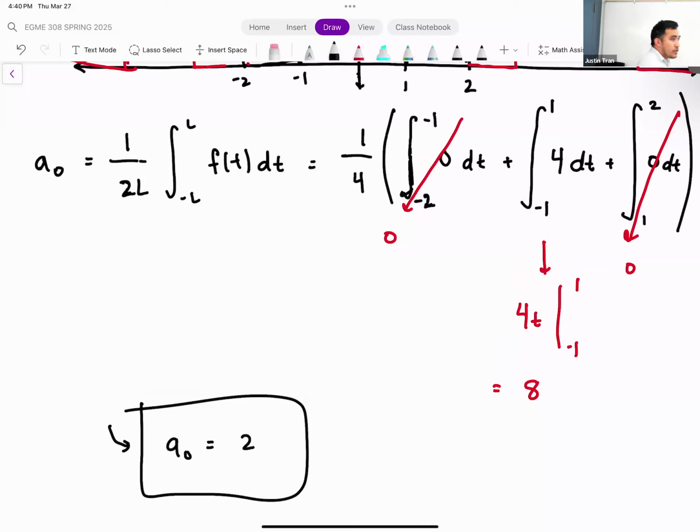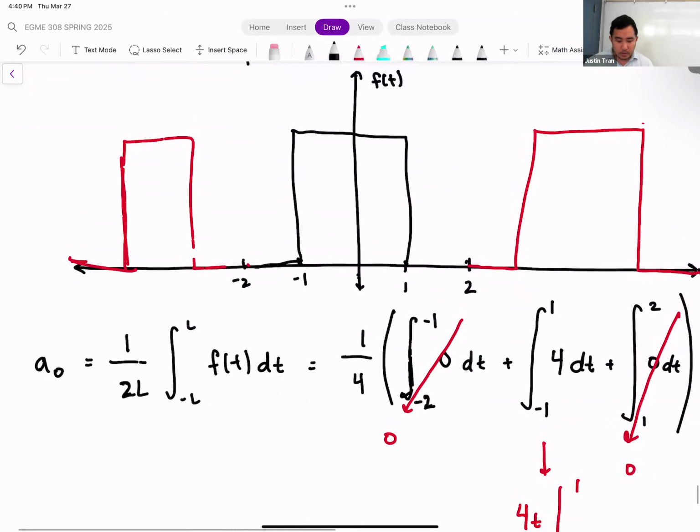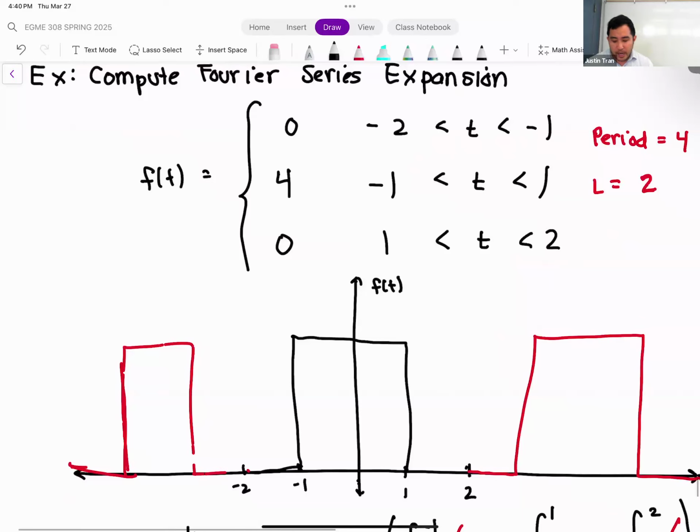Any questions on that? Yes. How did L become 2 again? L is the half period. You have to look at the function that we have here and see how long it takes to repeat. This function has a period of 4. If you go from where this function started at -2 to where it ends at 2, the length of that is 4.